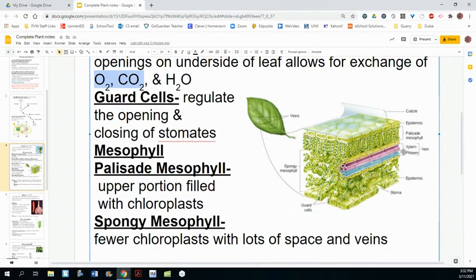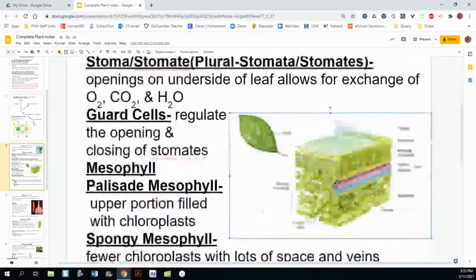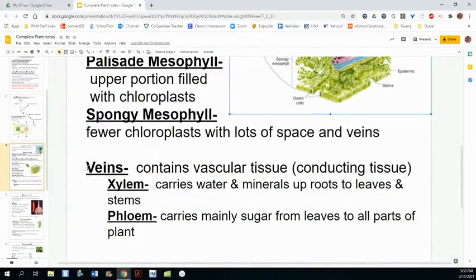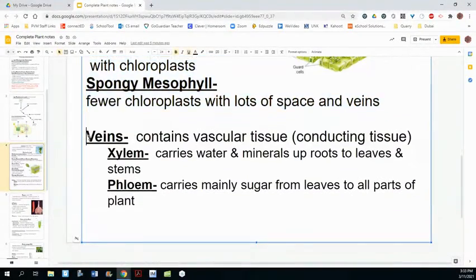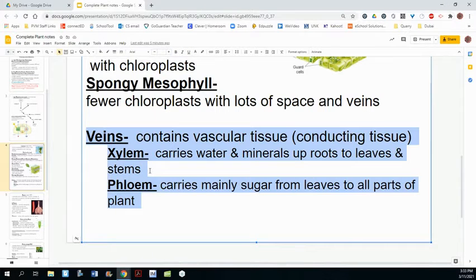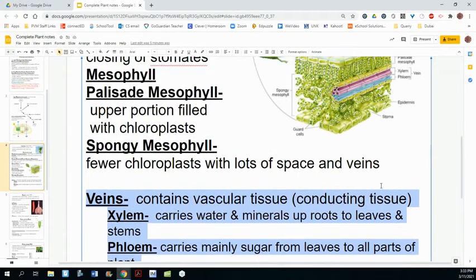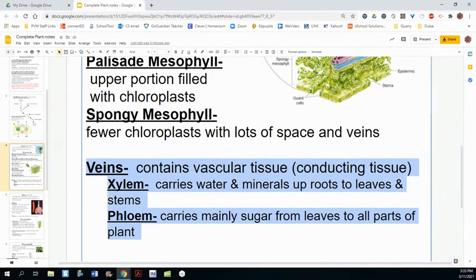Another very important tissue found here is the circulatory system of the plants, and that includes xylem and phloem. The veins, I'm sorry that it keeps jumping. I'm not sure why it does it. The veins, or vascular tissue, of a plant are called xylem and phloem.